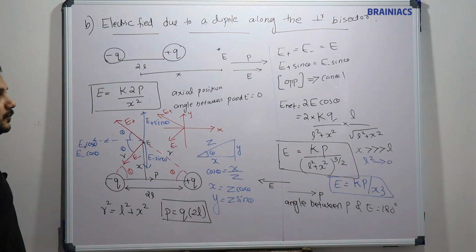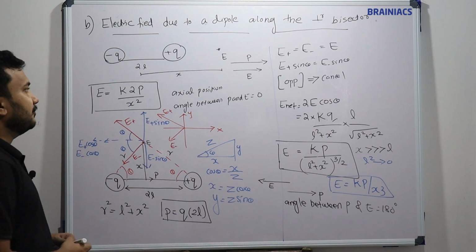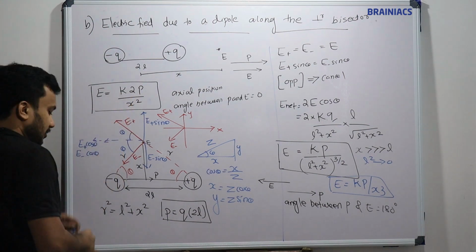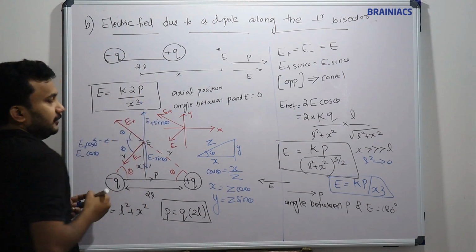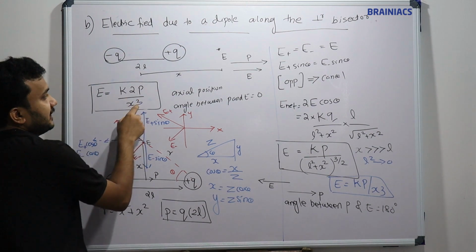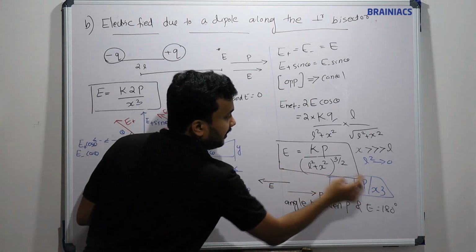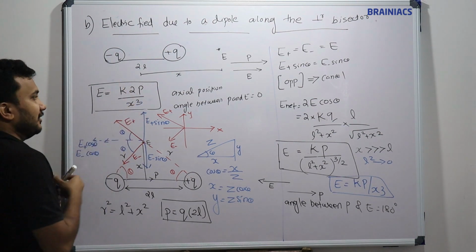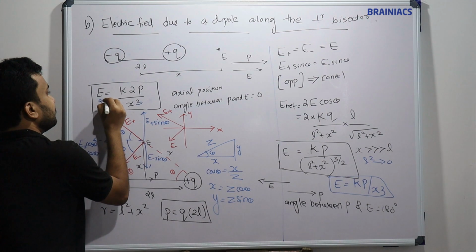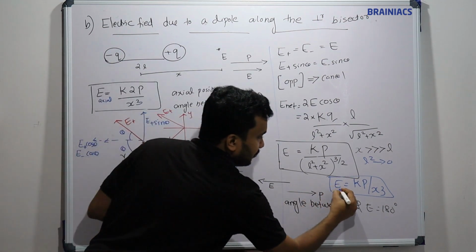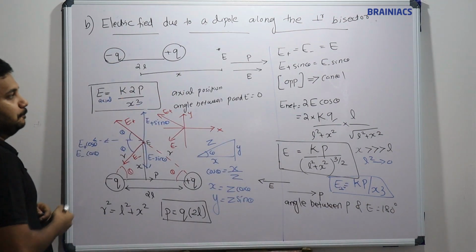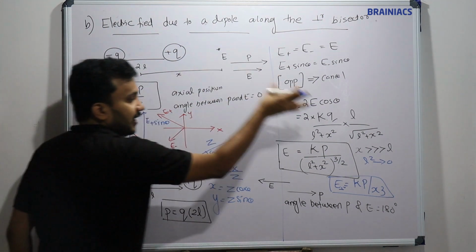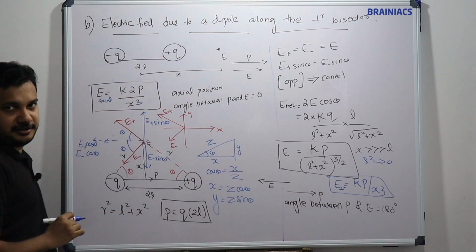Next, can you compare the formulas. Along the axial position, K into 2P by not X square, it is X cube. K into 2P by X cube. Here, what is the formula? Kp by X cube. So here I can substitute axial, and here I can substitute perpendicular bisector. So I can say the axial electric field is equal to 2 times the perpendicular electric field.